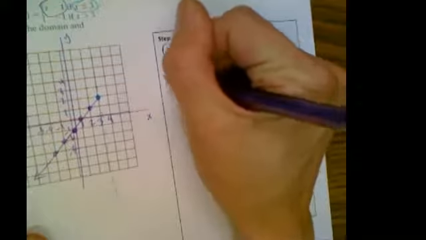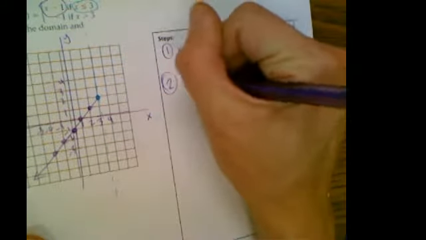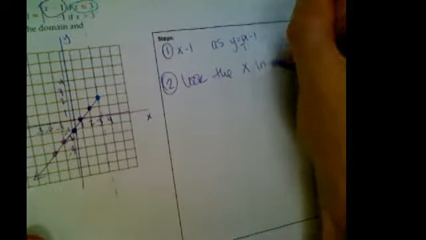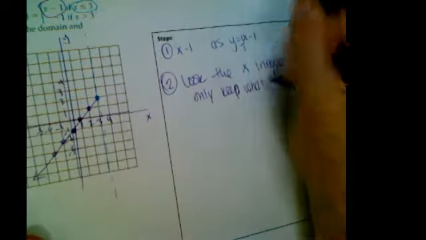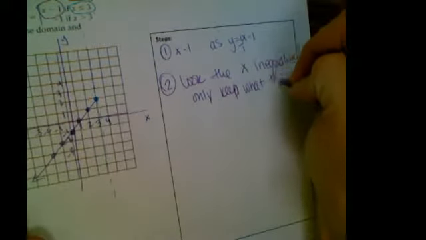Okay, so step 1, we graphed it like we normally do. Step 2, look at the x inequality. Only keep what that inequality tells you to keep.